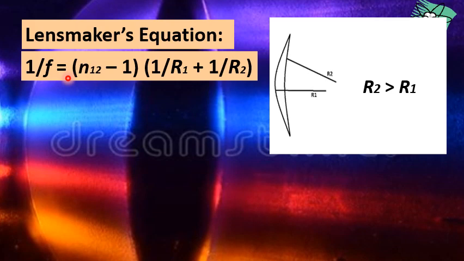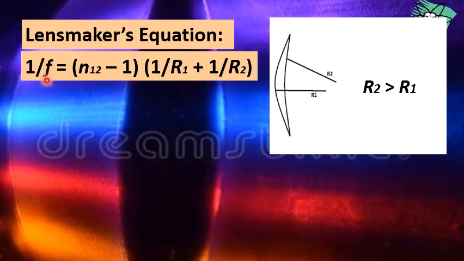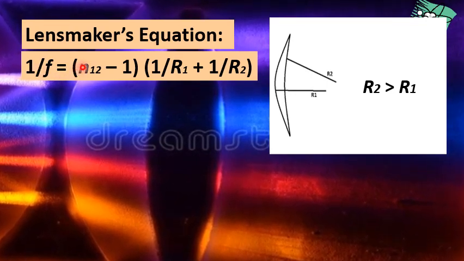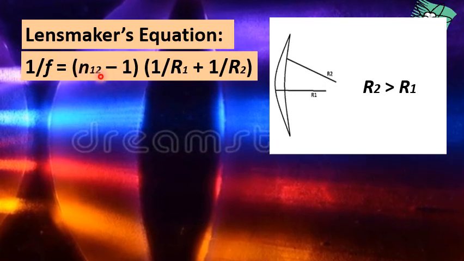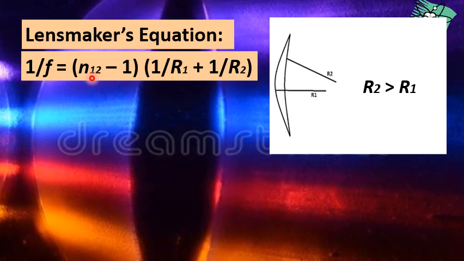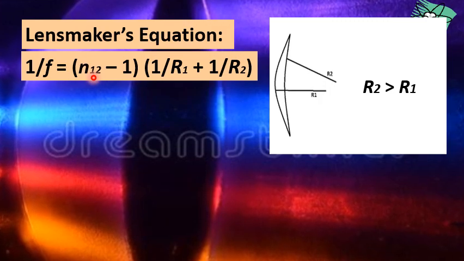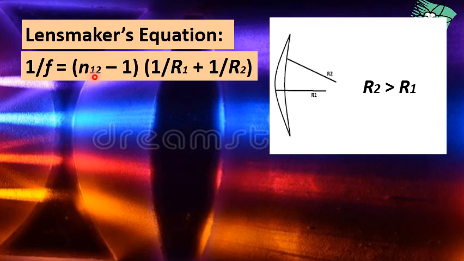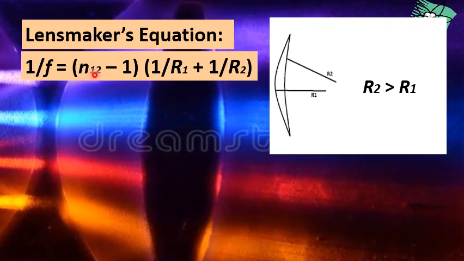The equation goes something like the reciprocal of the focal length, or 1 over f, is equal to the quantity n sub 1,2 minus 1, where n sub 1,2 refers to the ratio, the index of refraction of the material that makes up the lens.